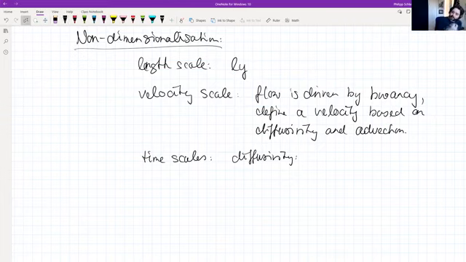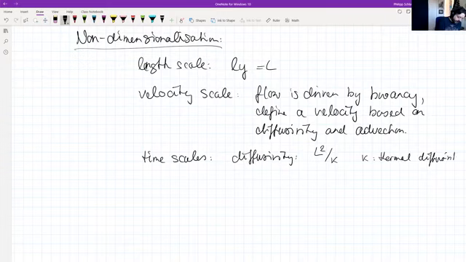And if you look at the dimensional analysis, you will see that L squared divided by kappa, where this would be our L squared, the reference length, will have the unit of a time. So this, with kappa being the thermal diffusivity, is a time scale.